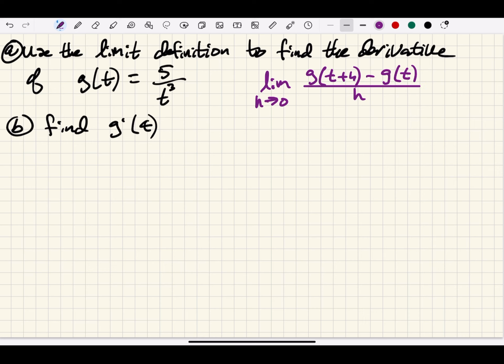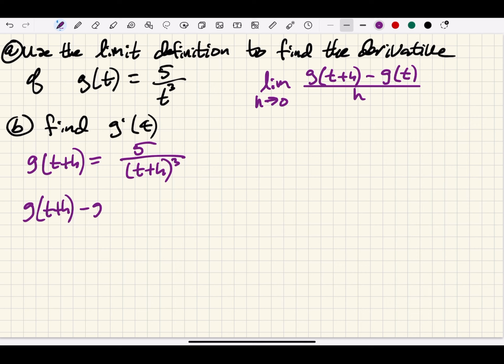So the first thing that I would do is I would find g of t plus h. So that would be 5 over the cube of t plus h. Then I would find g of t plus h minus g of t, which would be 5 over t plus h cubed minus 5 over t cubed.